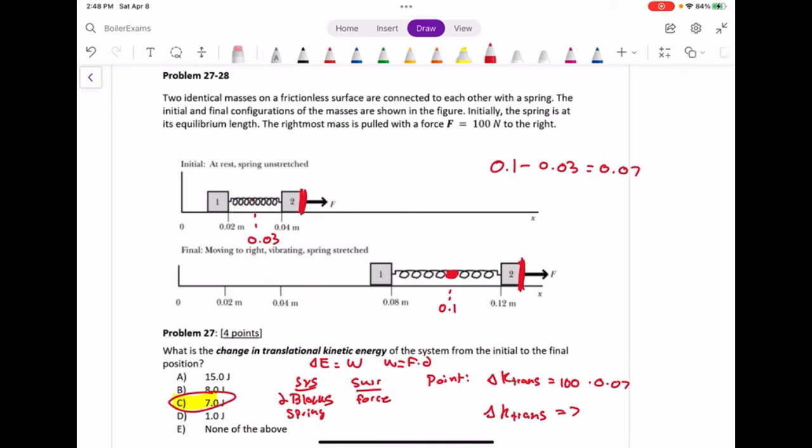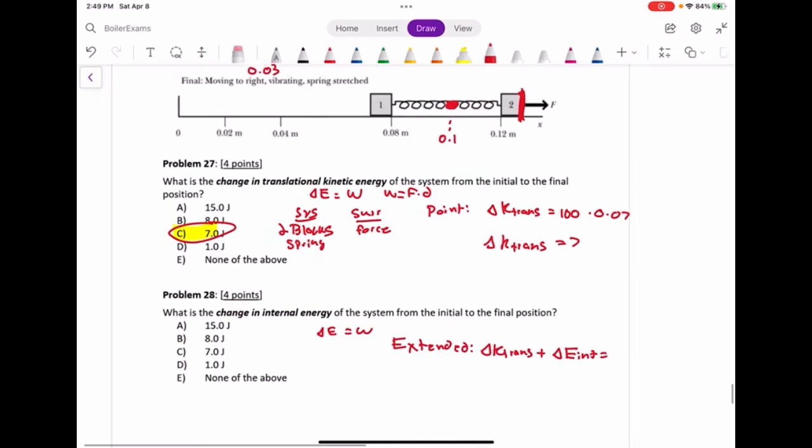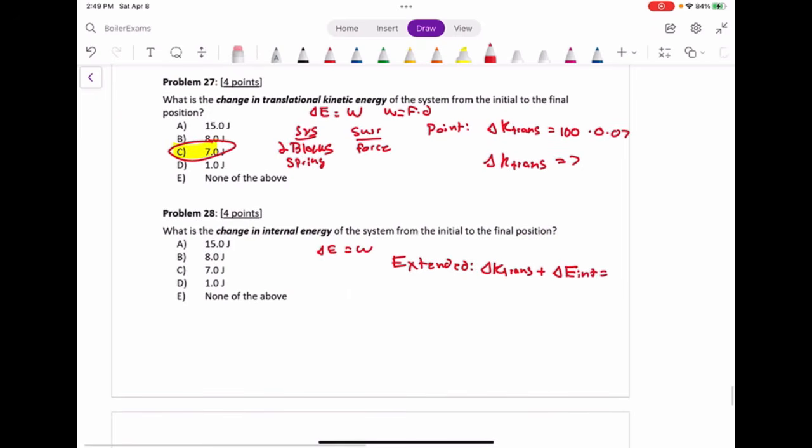It's being applied to the front of that block. How far did the front of that block go? The block isn't stretching or moving, so we can just look at the back. It moved from 0.04 to 0.12. So the displacement that we're interested in here is 0.08. And it's still 100 newtons.